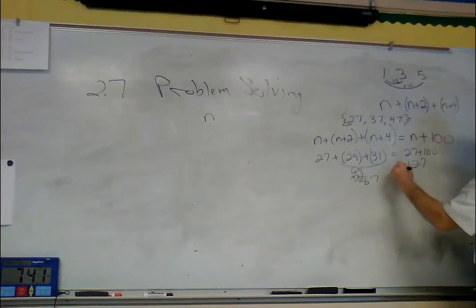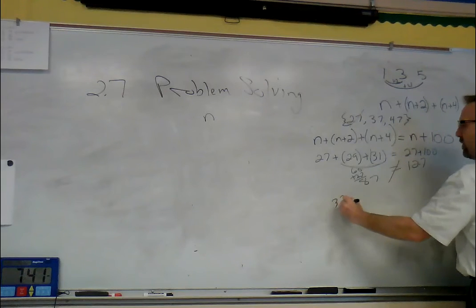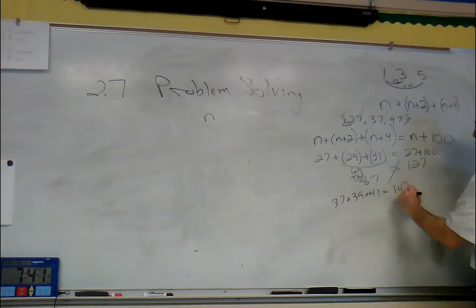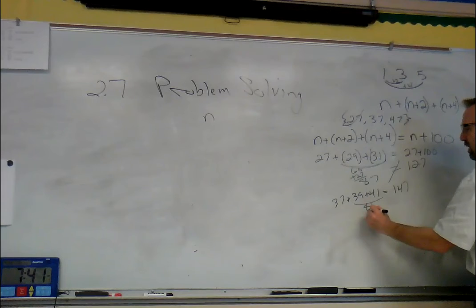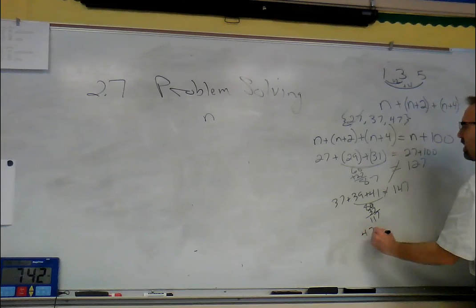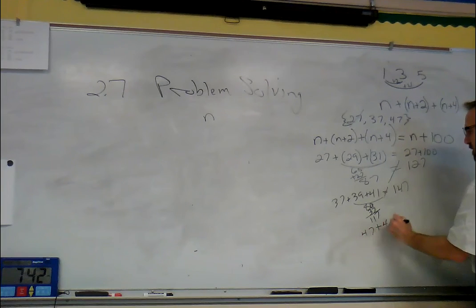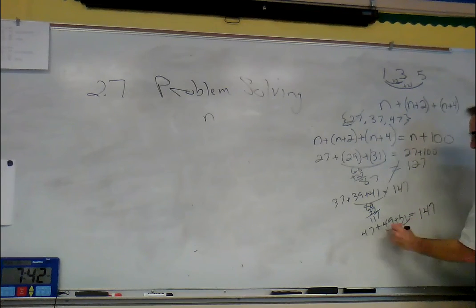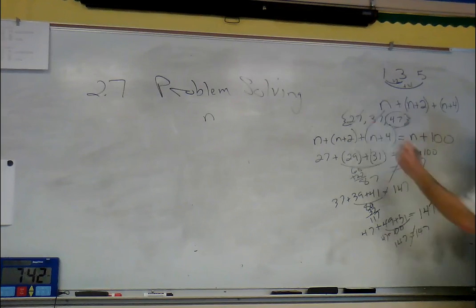No. So 27 did not work. 37 plus 39 plus 41, 117, that's 80 plus 37, 117. It will not be right. 47 plus 49 plus 51, 147. Here we get 100 plus 47, 147. So 47 is what it came out to be.